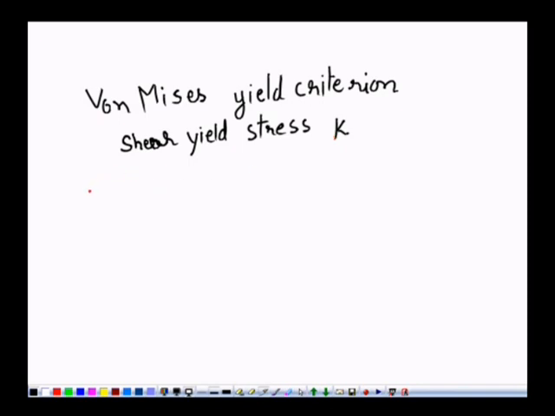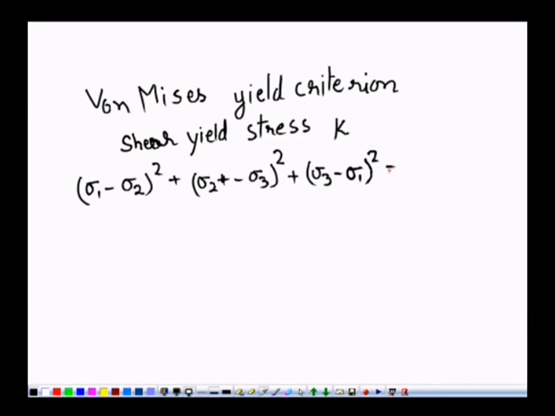So, according to this, sigma 1 minus sigma 2 whole square, plus sigma 2 minus sigma 3 whole square, plus sigma 3 minus sigma 1 whole square, is equal to 6 k square.